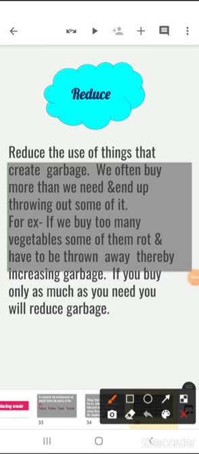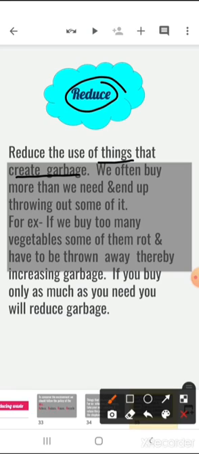Reduce. Reduce the use of things that create garbage. Again, we have to reduce those things which create garbage. We often buy more than we need and end up throwing out some of it.